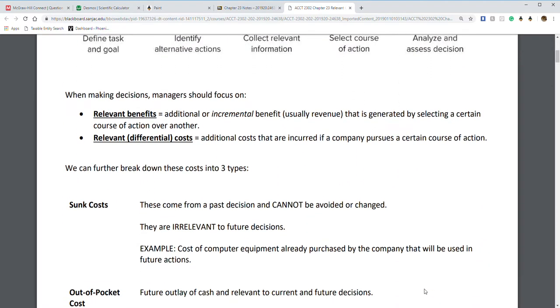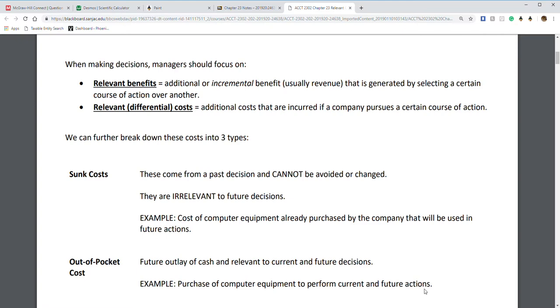With that, how we make decisions is basically based on relevant benefits, which are additional or incremental benefits. We typically use the word incremental a lot in this chapter. That just means what's going to get added on.